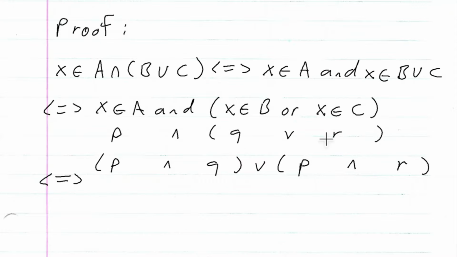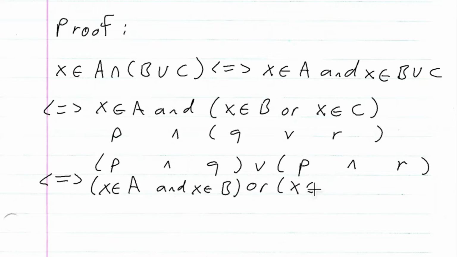This is the distributive law of propositions. So what this is saying is, P is x is in A, and Q is x is in B, or x is in A and x is in C.